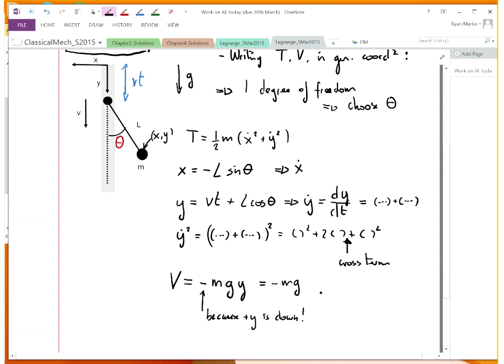So the potential energy term will be minus mg times what we had for the y coordinate, which was vt plus L cos theta. So now you just have to be very, very careful with all of the derivatives and not forget anything.